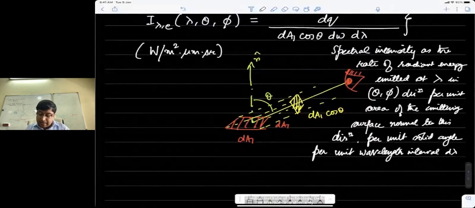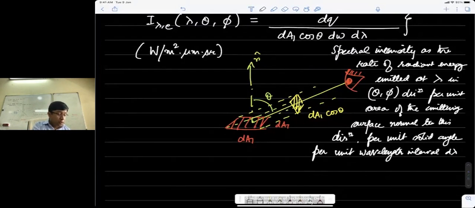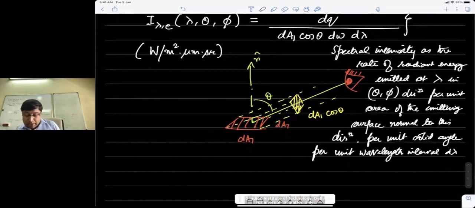But keep in mind that this idea of where you are seeing that area from will matter a lot, and I'll take a numerical example before the class ends today to show you how this solid angle matters.